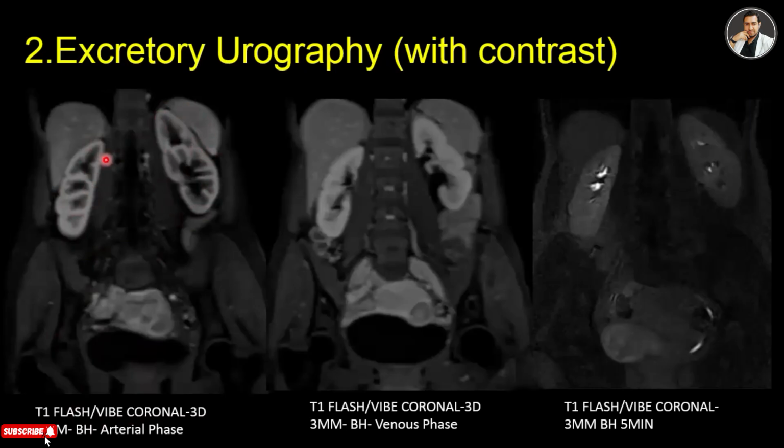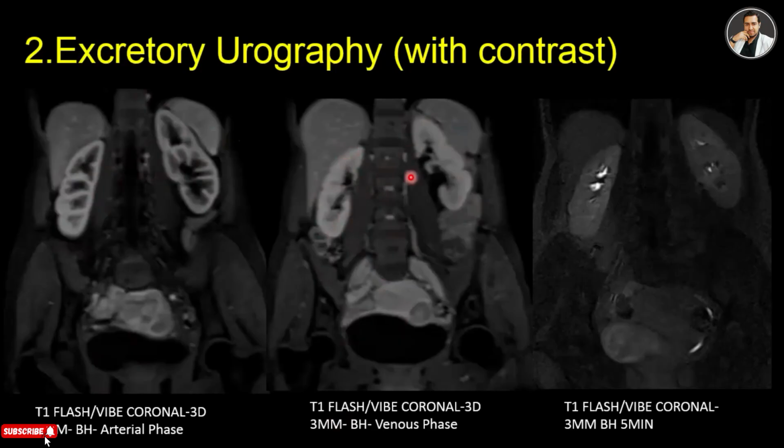So this is a corticomedullary phase. The contrast is collecting through the renal cortex. And the second one is a venous phase, a T1 flash Vibe coronal venous phase, and you can see that the whole kidney is enhanced with the contrast. So it's a nephrographic phase of the urogram.